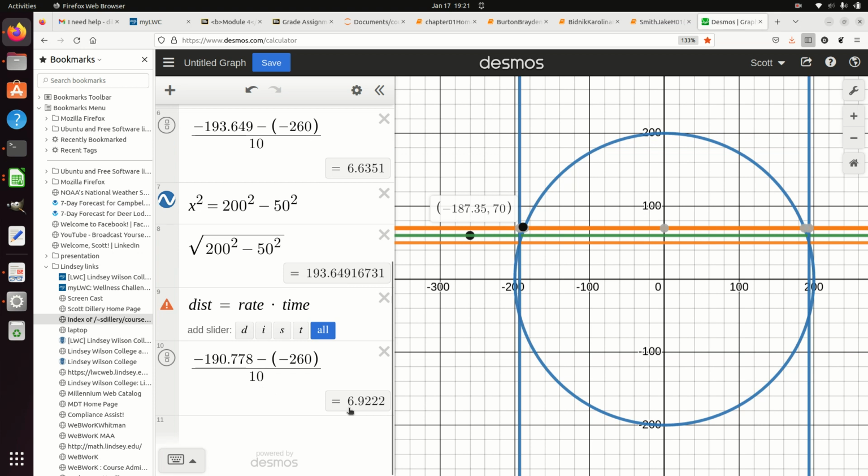So 3 more feet would be, well, I think that's 3 more feet, right? 190, yeah, so that's about 3 more feet. So it should be about 7.2. Is that what they had?